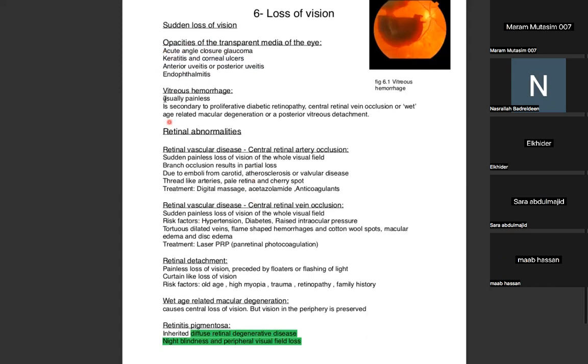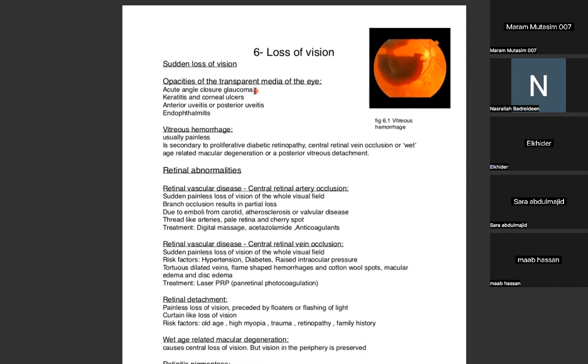The other cause we have is vitreous hemorrhage, which is basically hemorrhage in the vitreous part, or the vitreous humor. It is usually painless, and usually it happens as a result of another cause or disorder. So it doesn't happen on its own. It's either due to long-standing diabetic retinopathy, or a central vein occlusion, or macular degeneration, or a detachment or something like that.